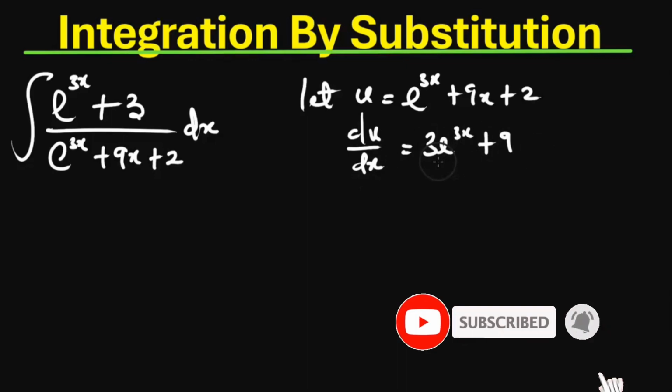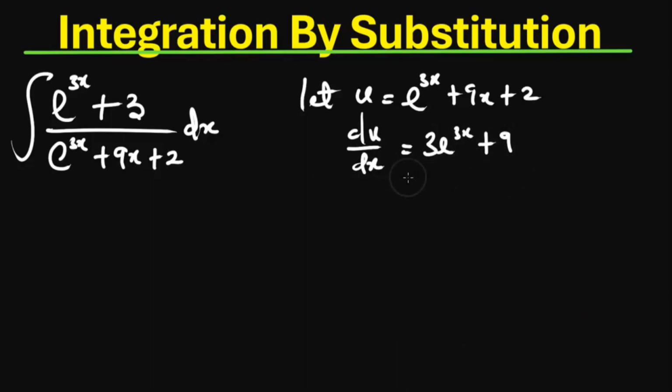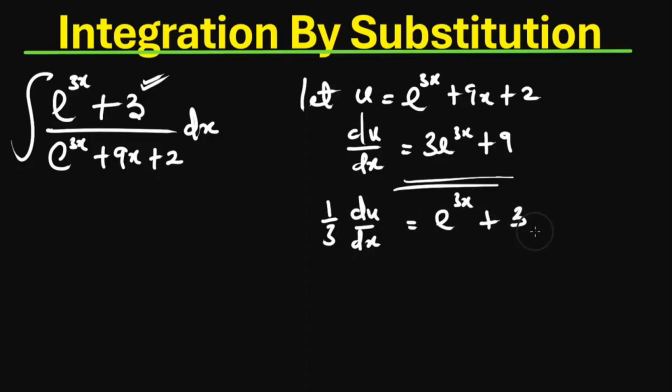This is our derivative, and we can observe that it kind of looks like our numerator. So we just have to divide through by 3, so we have 1/3 du/dx equals e^(3x) + 3.